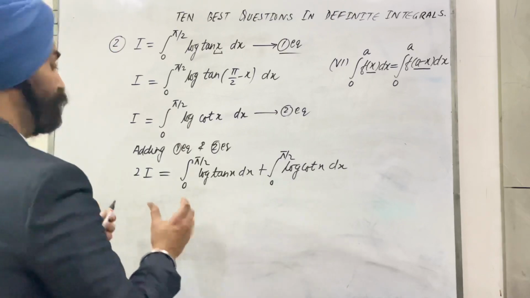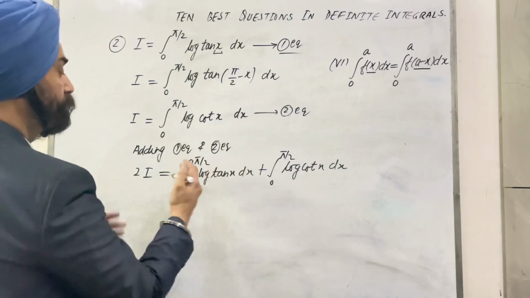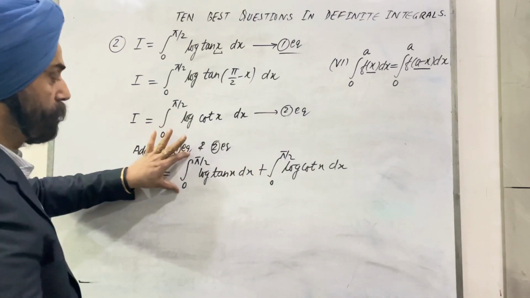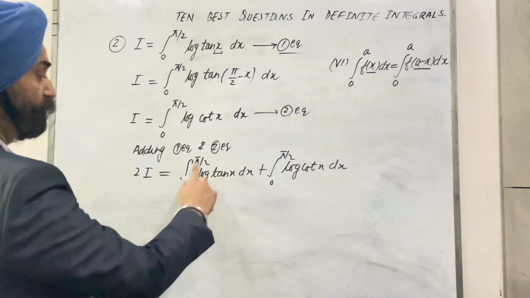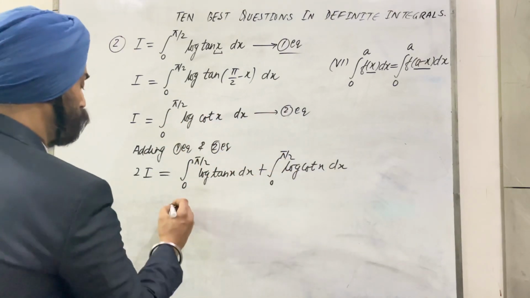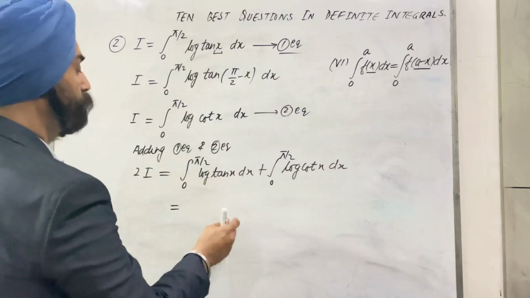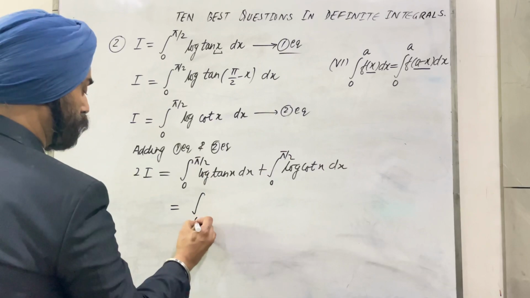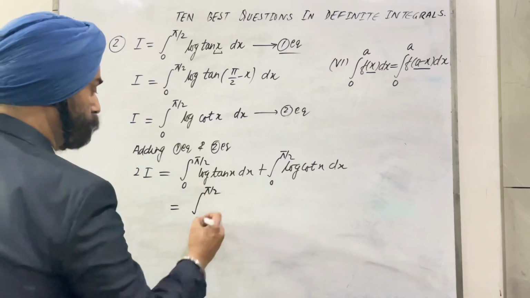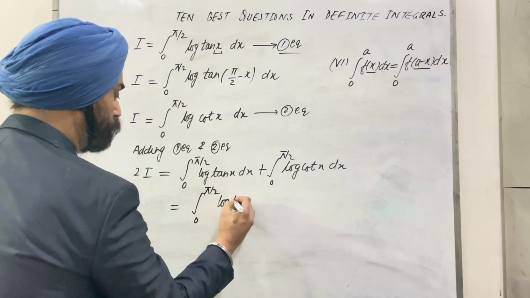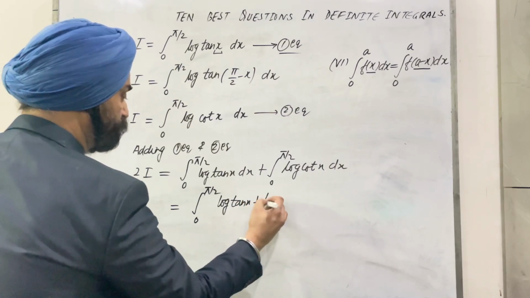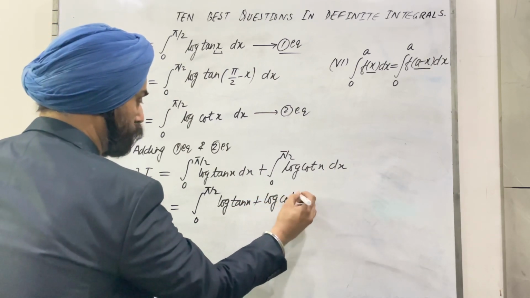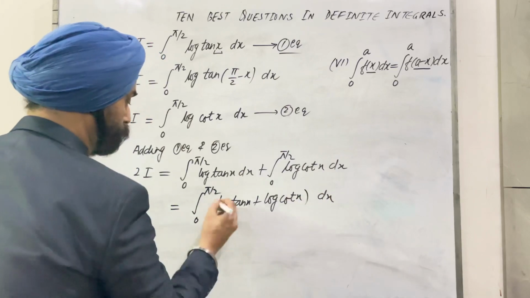Again, you can observe both these integrals have common limits of integration between 0 and pi upon 2. So I will prefer to combine them to bring the integrands under a single integral sign with common limit 0 to pi by 2. We have log tan x plus log cot x dx this way.